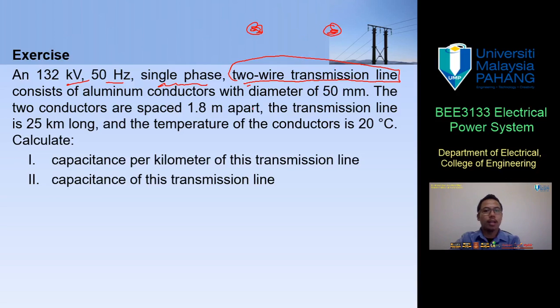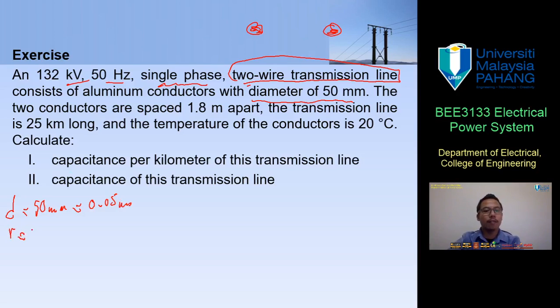It consists of aluminum conductors with a diameter of 50 millimeters, which is equal to 0.05 meters. Once we get the diameter, it's extremely simple to get the radius.